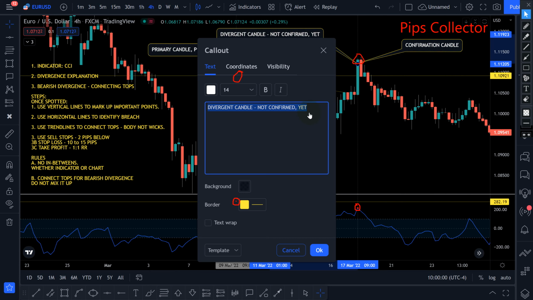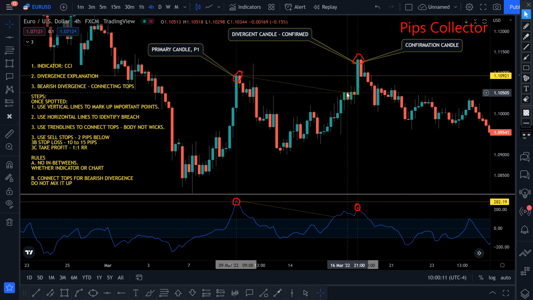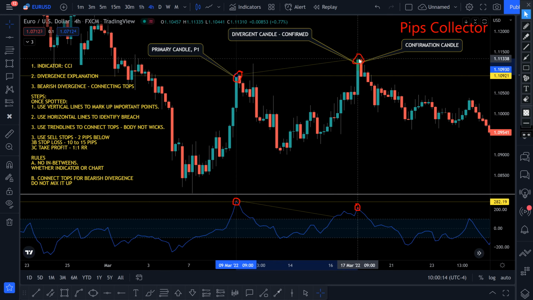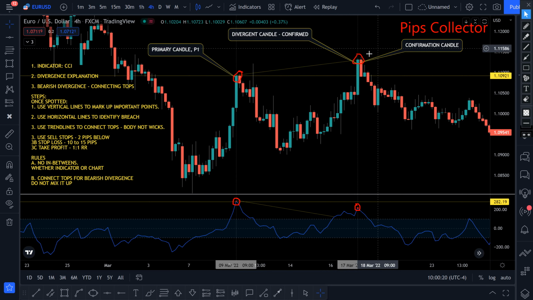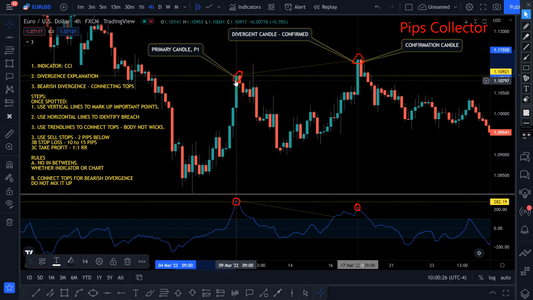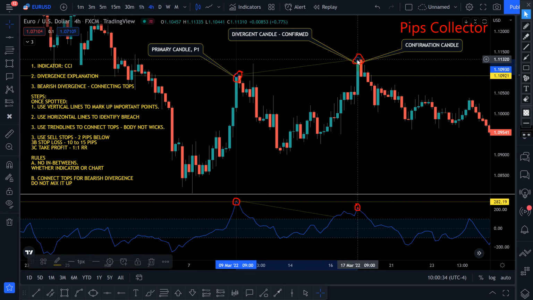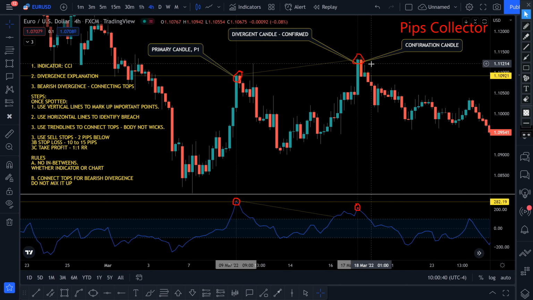So once you've gotten your confirmation candle, your divergent candle moves from not confirmed yet to confirmed. So you take this trend line and put where? On the body of your confirmation candle, okay, body of your confirmation candle. Now it can be body of your primary candle to body of your divergent candle, okay, it doesn't matter, because your confirmation candle and your divergent candle most times will be side by side, okay.